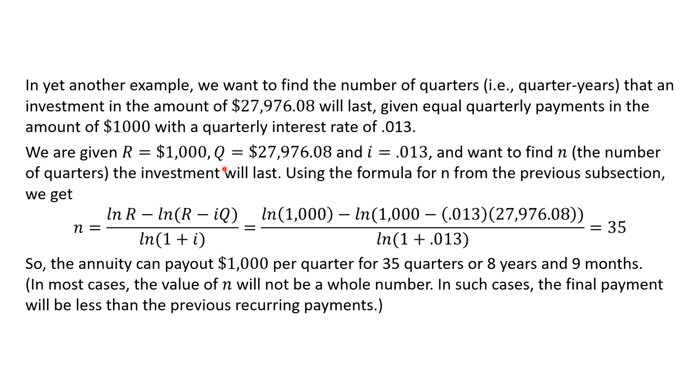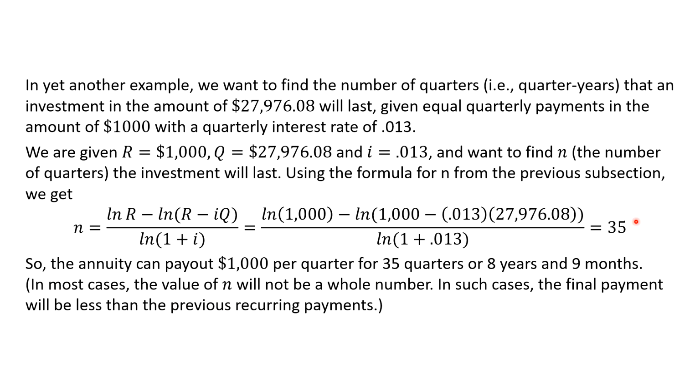And we've solved that equation earlier, so I've written it down here again. We just need to plug things in, and we get 35. So the annuity can pay out $1,000 per quarter for 35 quarters, or 8 years and 9 months.